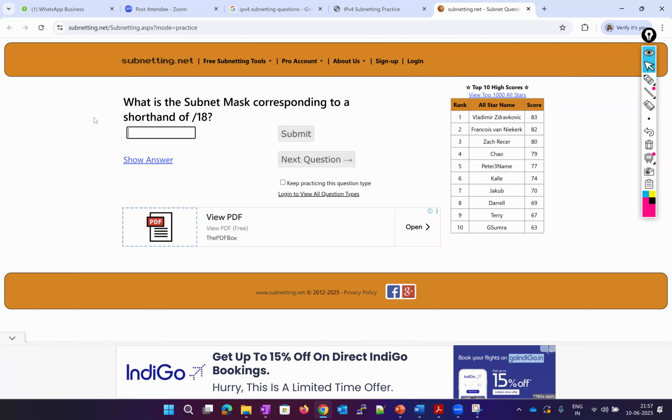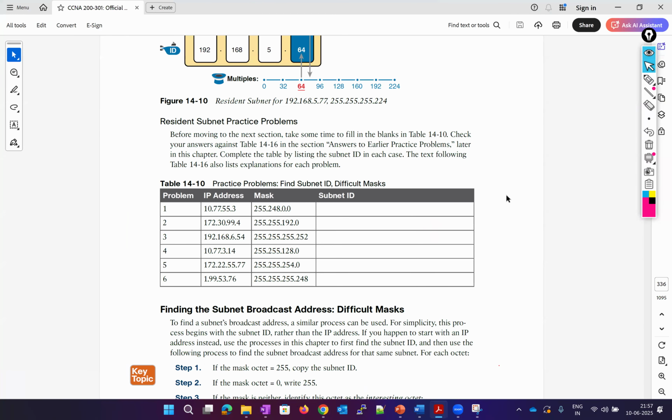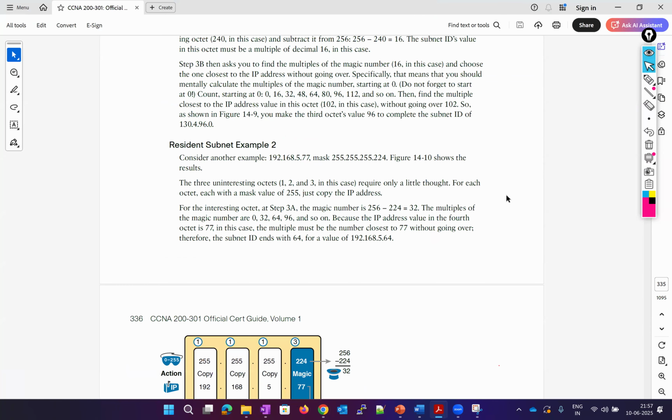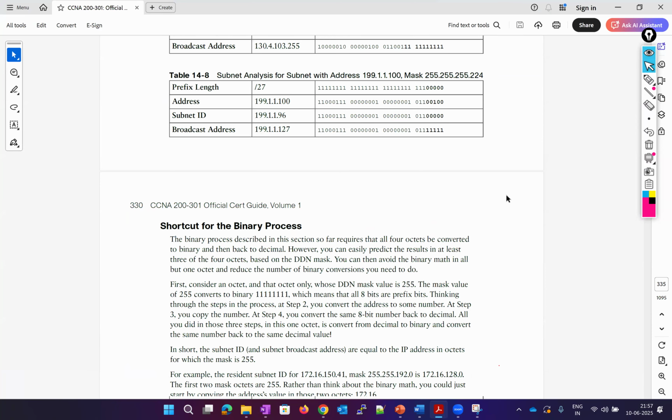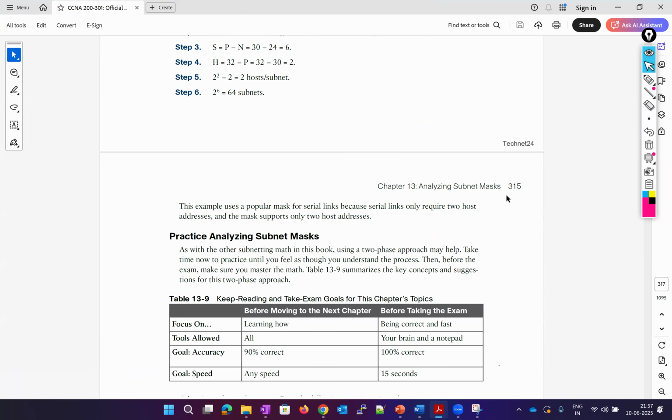Okay, so here, what is the subnet mask corresponding to a shorthand of /18? What is it basically asking? It is asking how many ones there are.